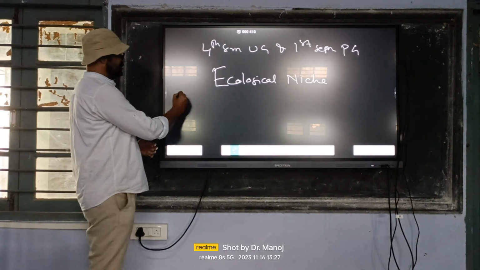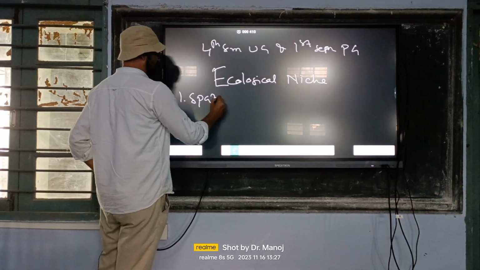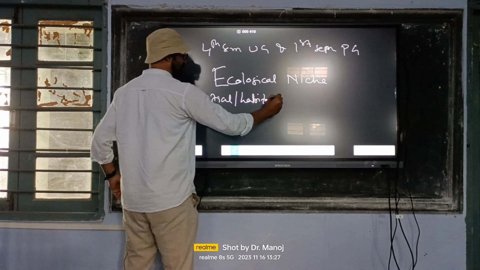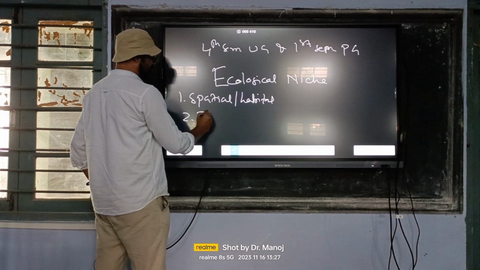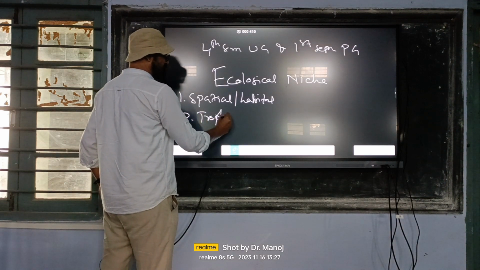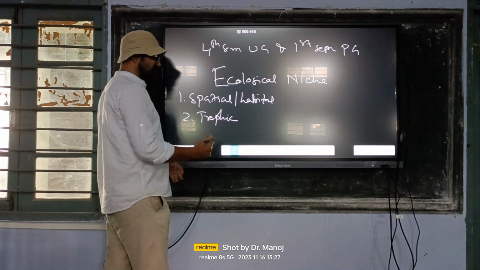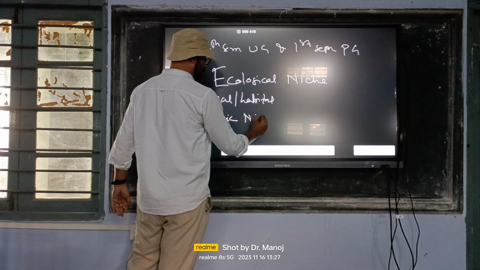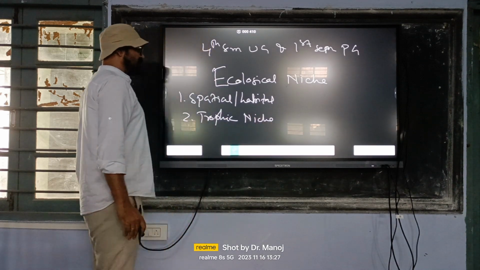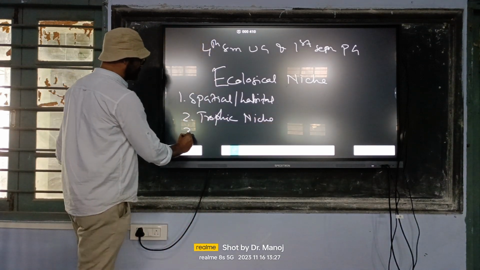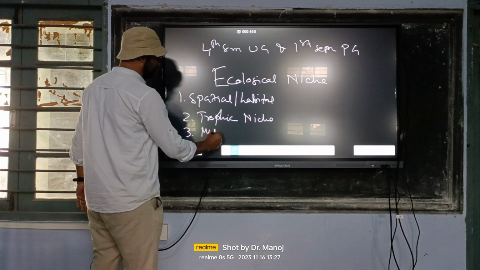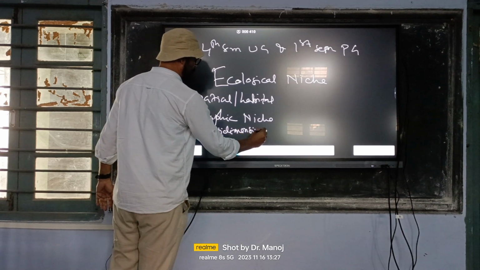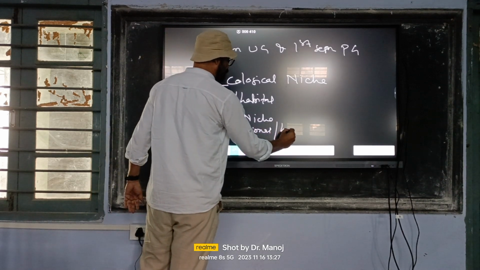One is spatial niche, or sometimes it is called habitat niche. Then trophic niche, related to food or its functional role in a community. And the position in the environmental gradients, that is multidimensional or hypervolume niche.